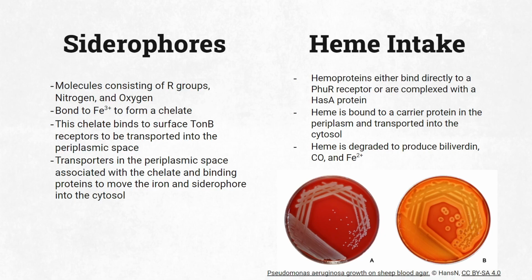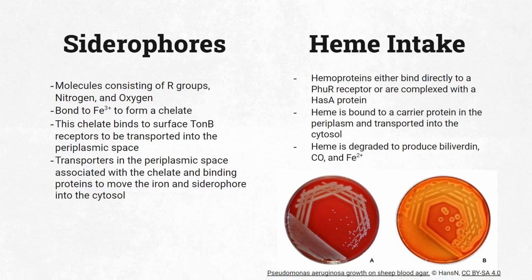And once that HasA protein and the heme that it is complexed with is on its own, it can bind to a separate HasR surface protein and bring just that one heme molecule into the periplasmic space. Whether it is the entirety of a hemoprotein or just the one heme molecule in the periplasmic space, it will only be the heme that moves on into the cytosol.